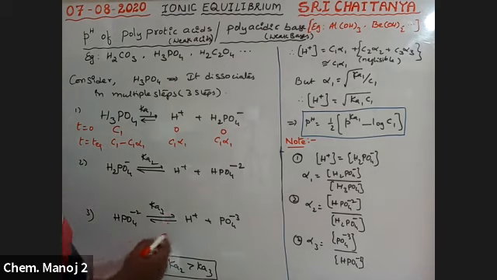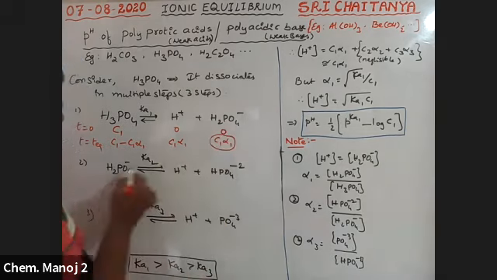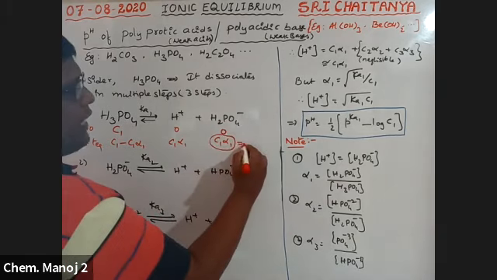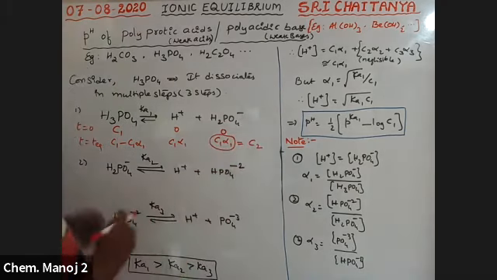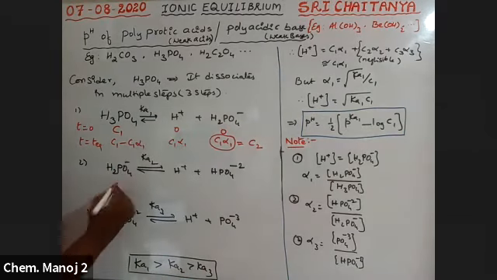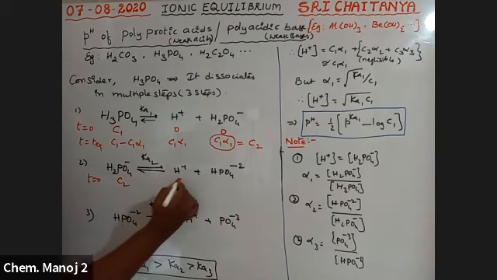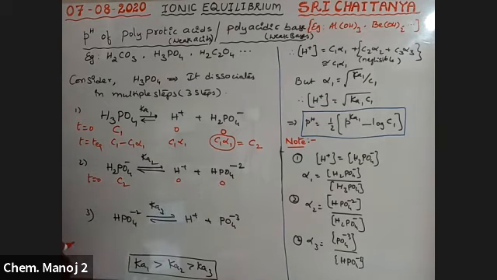Now this C1 alpha 1 of H2PO4- is involved in the second step, where I take C2 as its concentration. At t equals 0, there is initially no dissociation.